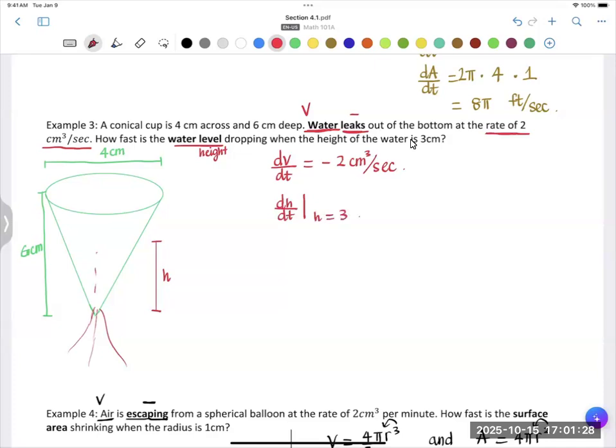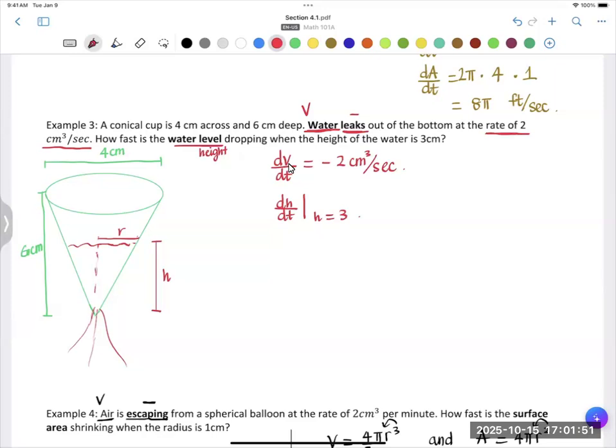All right, and what else will be changing when the height changes, the volume changes? The radius of the water is also changing. When the water drops down at this level, the radius is also getting smaller, right? So we need two formulas.